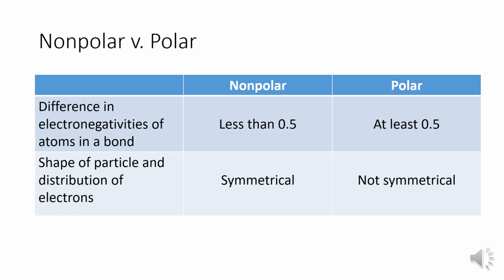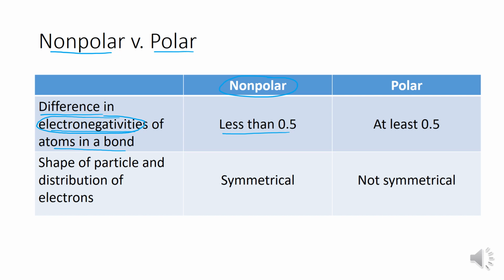Before we present the three types of noncovalent intermolecular forces, let's differentiate nonpolar and polar particles. First, if the difference in electronegativities of the atoms in a bond is less than 0.5, then the bond is nonpolar. By the way, recall that electronegativity is the tendency to attract electrons.